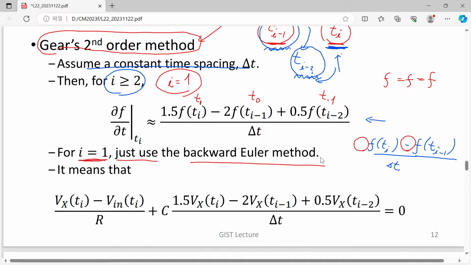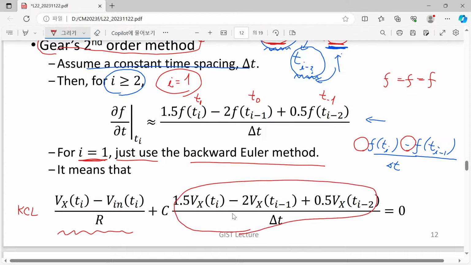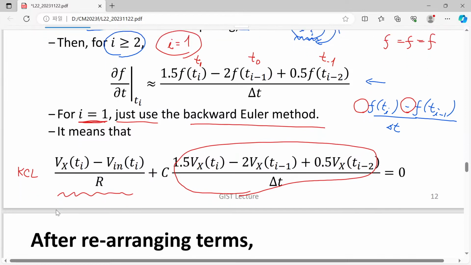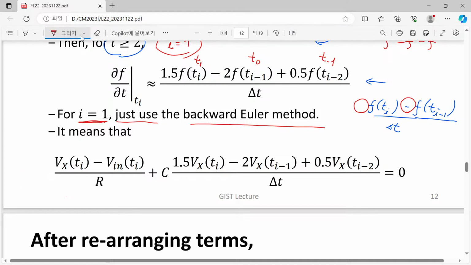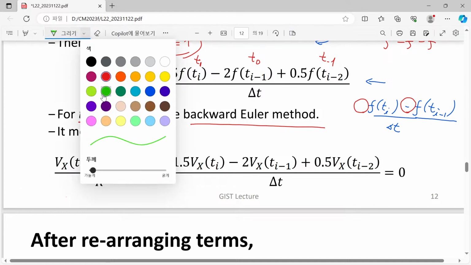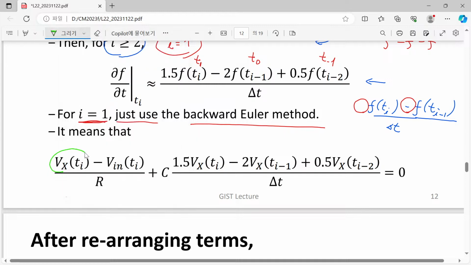calculation. So now your KCL looks like this. This one is never changed, and here you can see that dvx over dt is now written in this form. Seemingly a little bit more complicated, but don't be afraid, because once again the only unknown variable is shown here.